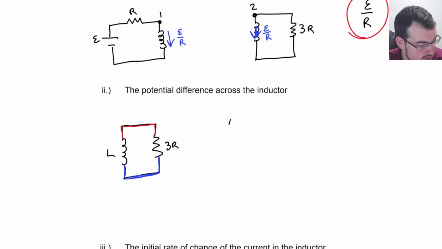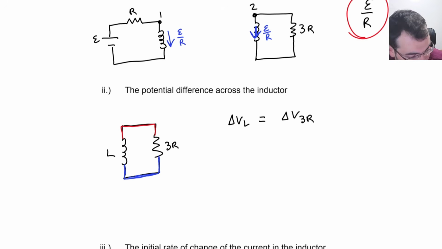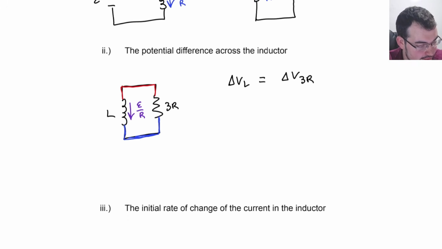So delta V across the inductor is equal to delta V across the 3R resistance. And oh, how convenient, we know the current in the circuit. We should say this is the initial potential difference, by the way. At short times, we have a current of E over R, so we can just do our standard Ohm's law.